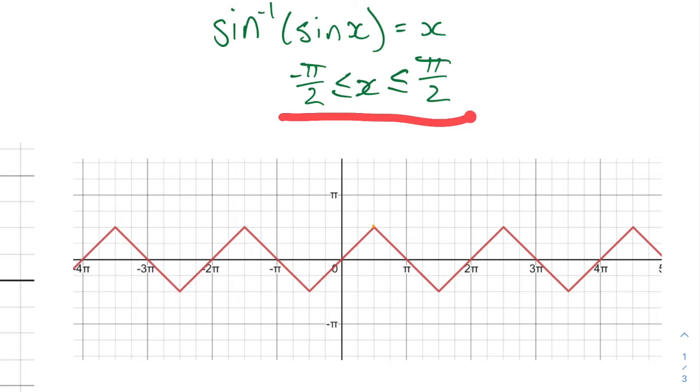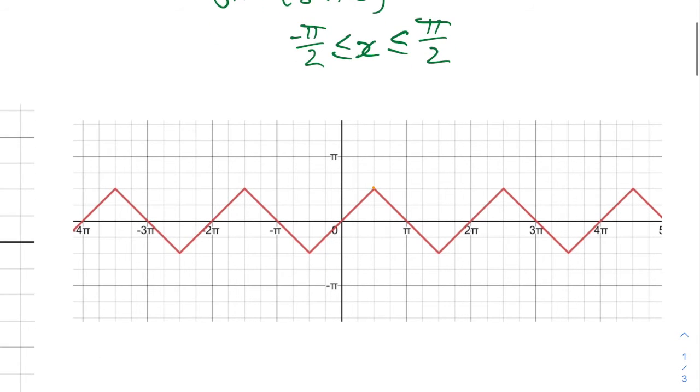Between -pi/2 and pi/2, the equation that you get is y equals x, and that's that section of the graph just in there. So at that point, it equals x. It doesn't mean it doesn't exist in other places. It just doesn't equal x in other places. So this section, for example, that line there, the equation of that line is y equals x minus pi/2. Right? The y-intercept would be down here at -2.